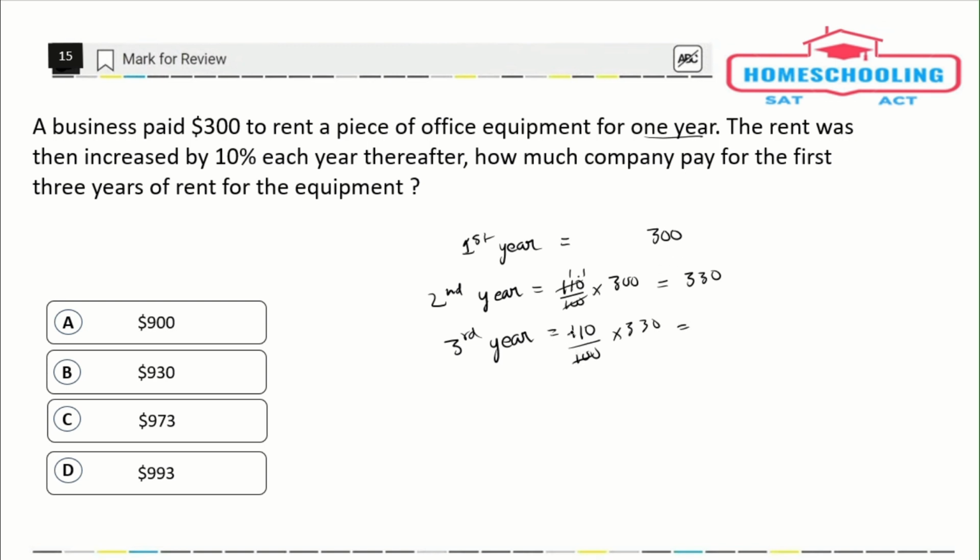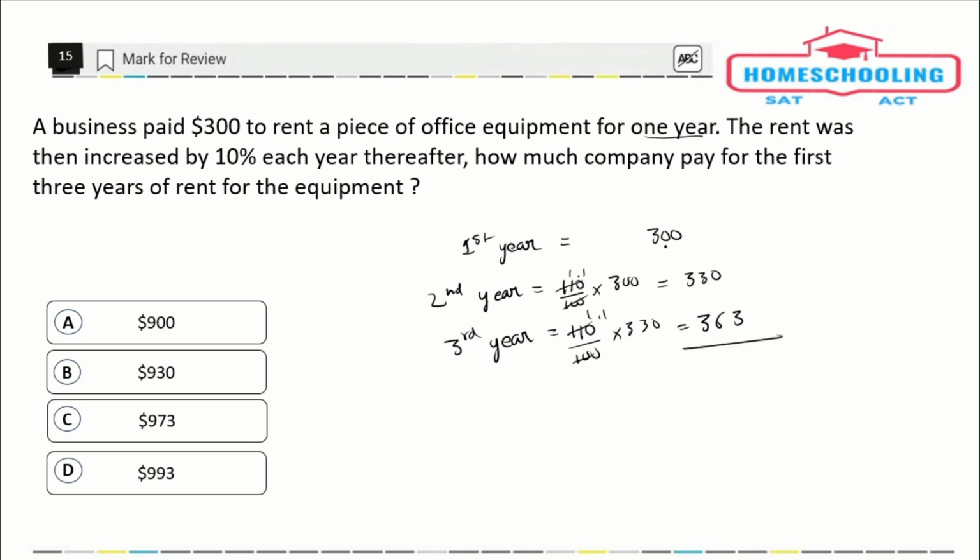So it would be 1.1. So this is going to be how much? 1.1 into 330, 363.